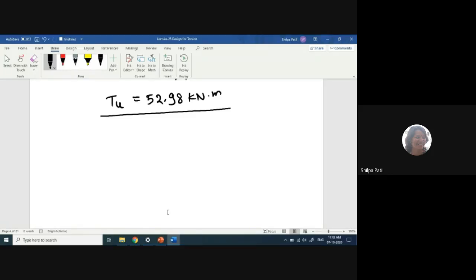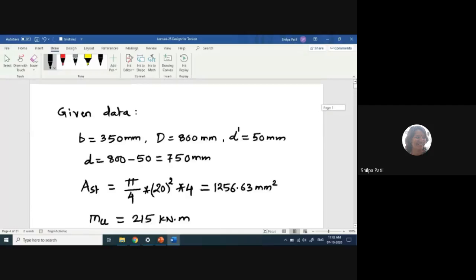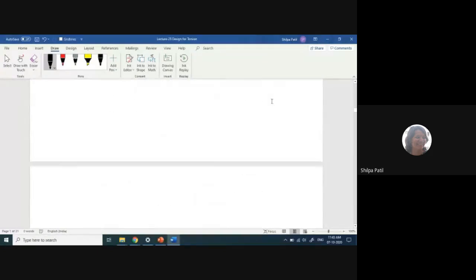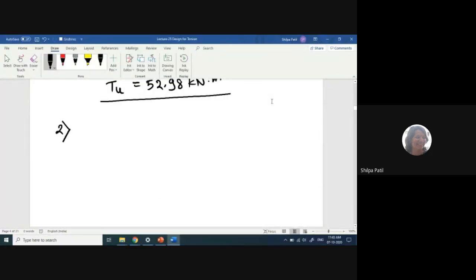The first step is, I will write down here problem number 2. This was problem first. So what is the first step? Calculate equivalent bending moment. Yes, so find out ME1.